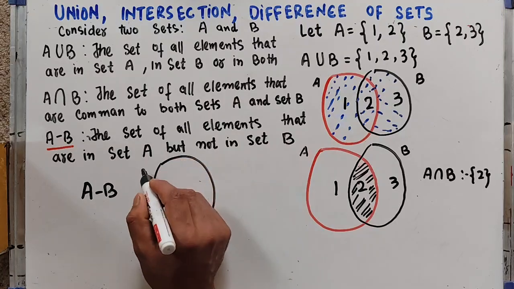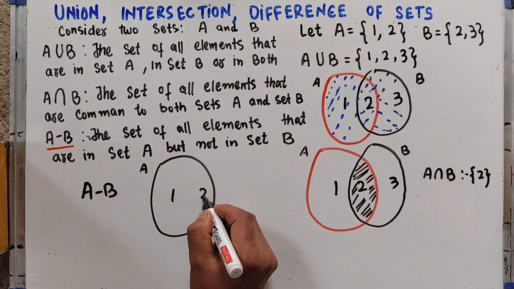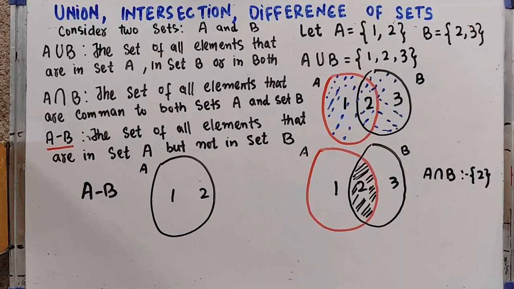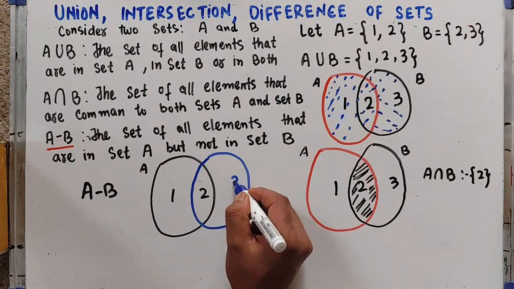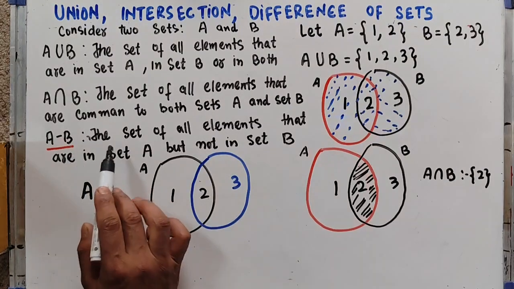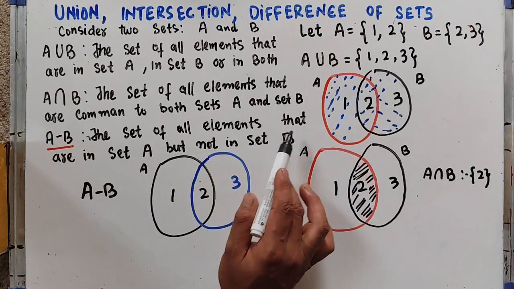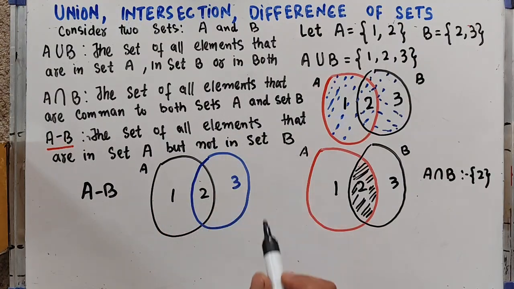So we have A contains 1 and 2. Then we have B contains 2 and 3. Now the difference A minus B is the set of all elements that are in set A but not in set B.